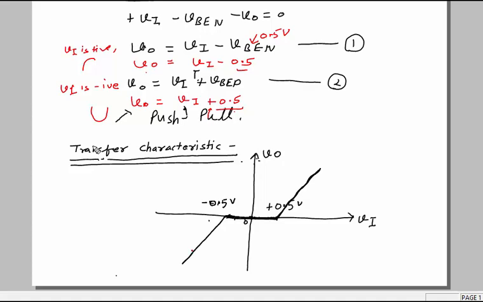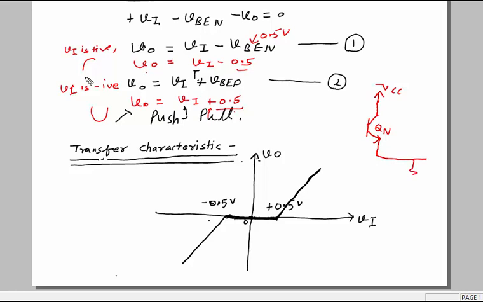Now let us find the maximum and minimum points for this. During Vi positive, if I make the circuit diagram, it will be like this. VCC, Vi is positive and more than 0.5 volt, so Qn will be on, Qp will be off.